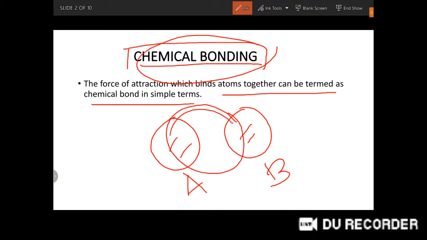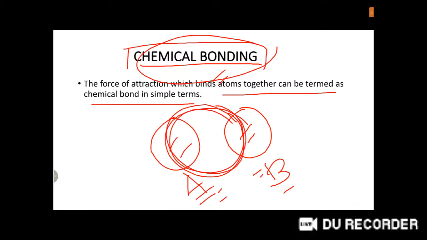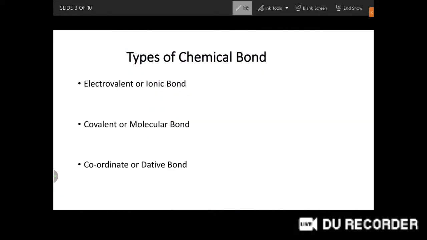That connection between atom A and atom B is known as chemical bond. There are various ways by which atom A and atom B can get connected with each other, so that we will learn in the next subsequent topics. So, the types of chemical bond.